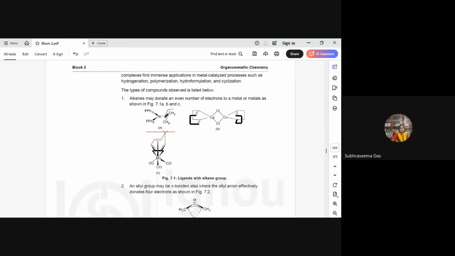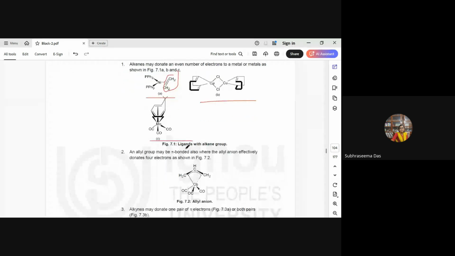Here in figure 7.1b we can look into the alkene group, and the third, in figure 7.1c, is also a ligand which contains an alkene group. The alkene group may donate an even number of electrons to the metal or metals, and these are the three possibilities of formation of the ligands.